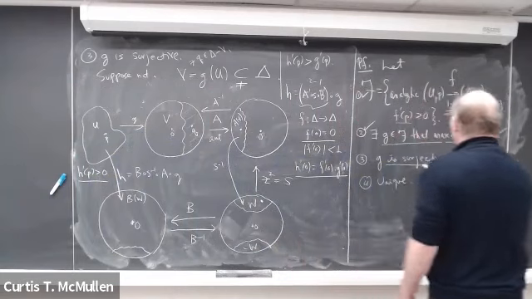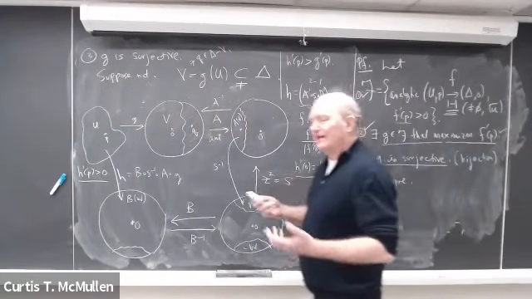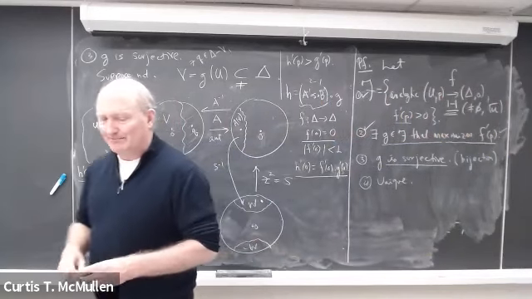Okay, so that's the proof that G is surjective. And that's really the end of the proof of the Riemann mapping theorem.